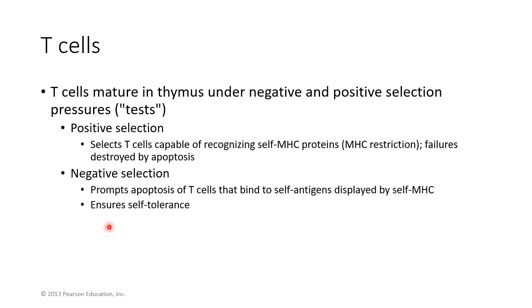Negative selection prompts apoptosis of T cells that bind to self-antigens, so they bind to the MHC complex, but they don't destroy it, okay? So they want to ensure self-tolerance. So you don't want cells that are going to destroy your tissue cells. You want cells that recognize your tissue cells, but recognize when those cells have a problem.